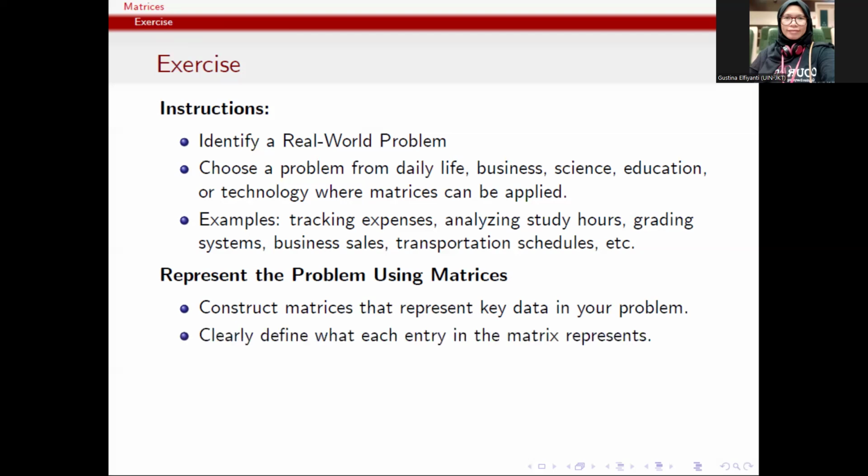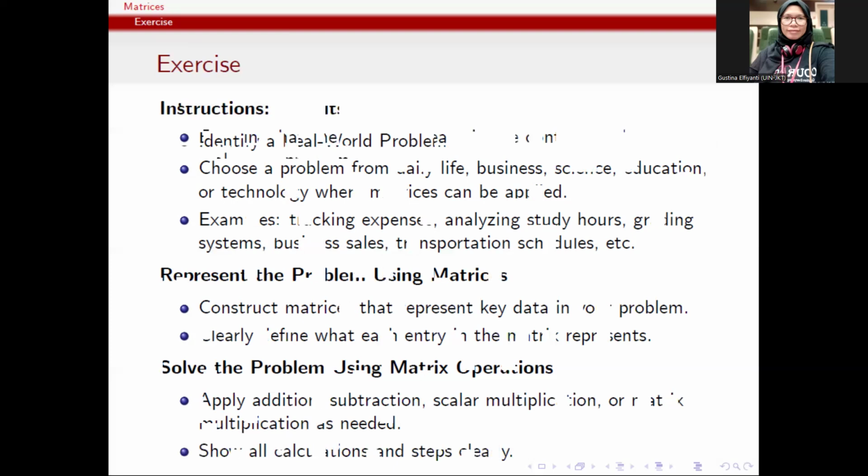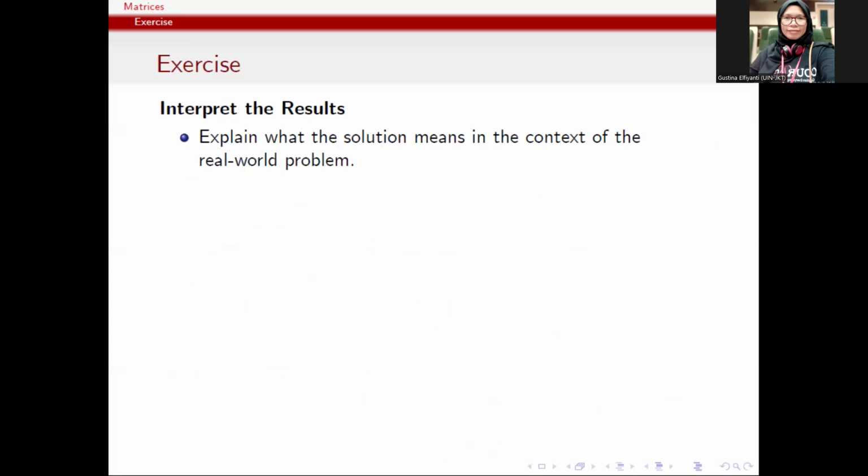Clearly define what each entry in the matrix represents. Then solve the problem using matrix operations. Apply addition, subtraction, scalar multiplication, or matrix multiplication as needed. Show all calculations and steps clearly. Then interpret the results. Explain what the solution means in the context of the real-world problem. Discuss any conclusion or insight gained from the analysis.